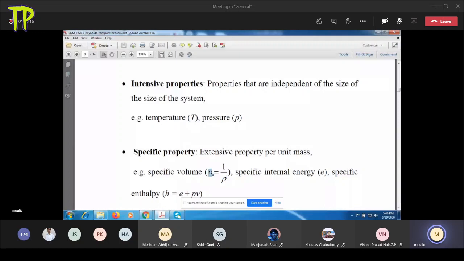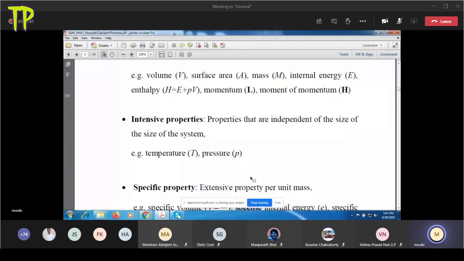But if you look at a book on fluid mechanics, the authors will prefer to use rho. But rho times v is 1. The SI units of rho are kg per meter cube, so this will be meter cube per kg. So it's volume per unit kg, or volume per unit mass.